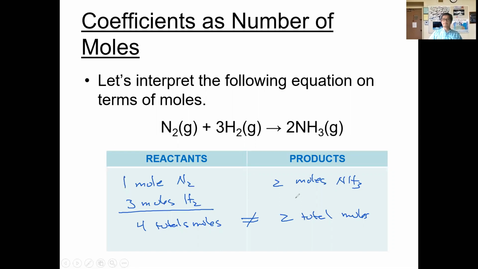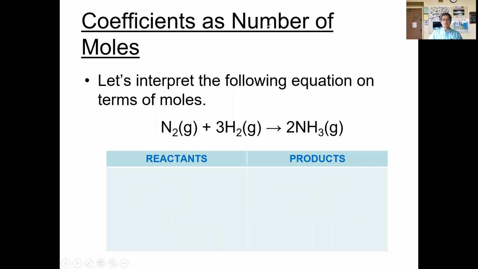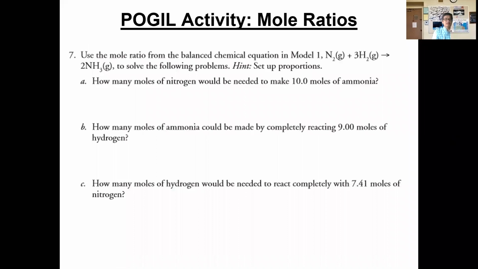Okay. All right. Now that we know that, let's take a look at number 7. I'm running out of time here, so what I'd like to do is pick up with this problem tomorrow.